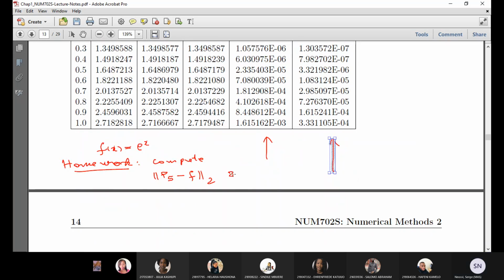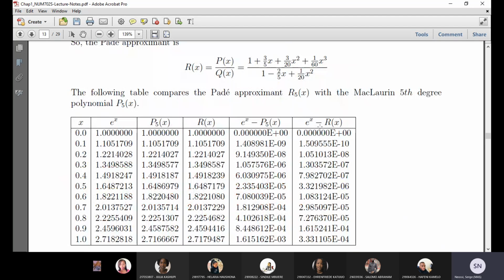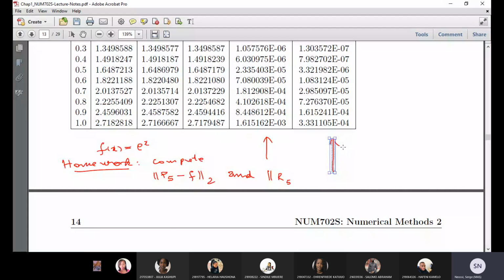And R5, of course, we wrote there R, but it's R5, in fact. So R5 minus F. You can use the 2 norm, you can use the infinity norm.